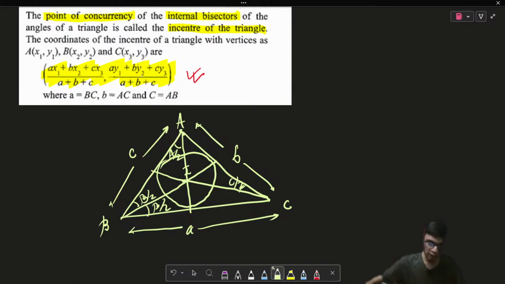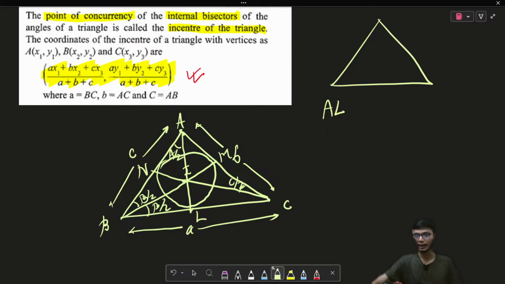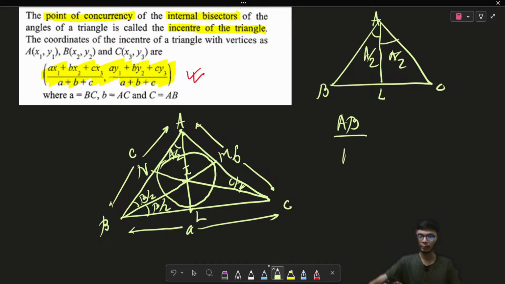Now, relating with the geometry, let us consider the points on the sides as L, M and N. We have already seen the interior angle bisector theorem: if I have a triangle and AL is my internal angle bisector, then AB upon AC is equal to BL upon LC.